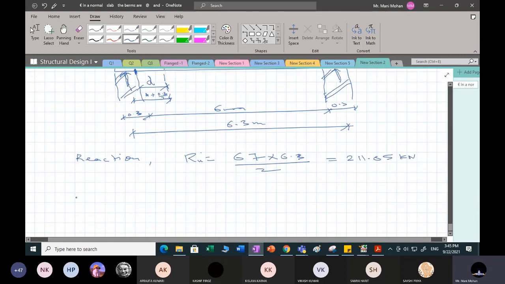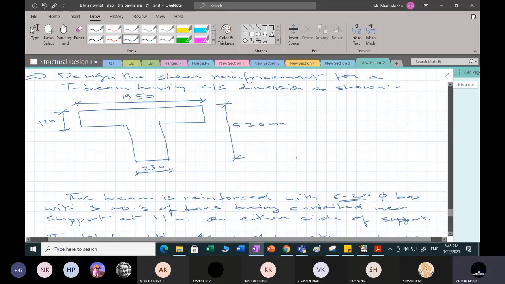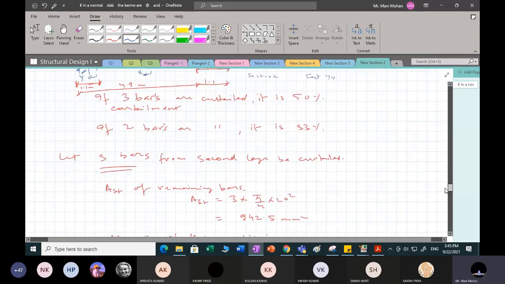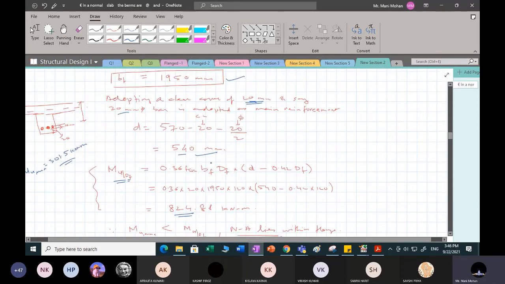So I would like to know the shear force at the critical section. Okay, and this is at what distance? So this is at a distance of d plus 0.3 by 2, and we know what is the effective depth. Here the effective depth d which you had adopted was 540 mm. Okay, so this is coming again from your design data. Let me show you that. Okay, here it is.